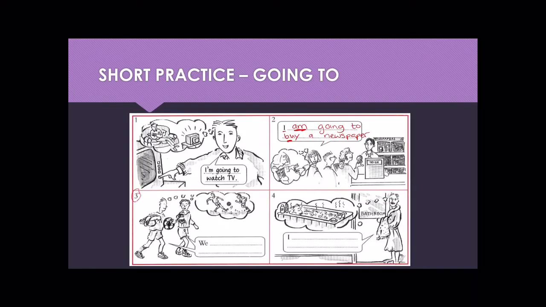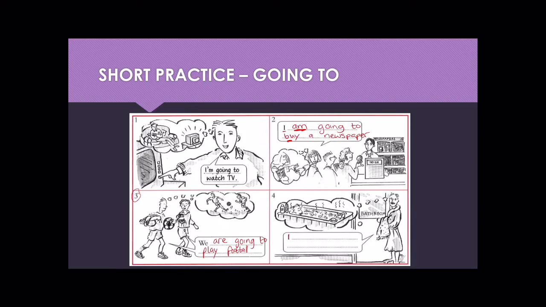Same for this picture, you have two people now, so the subject is we, and the be verb will be are. Going to play football. Subject, be verb, going to, verb 1.